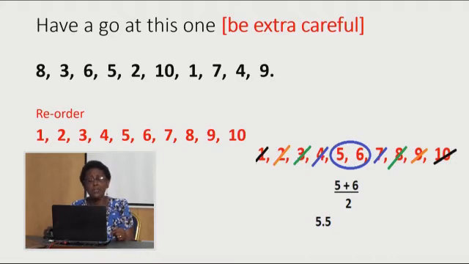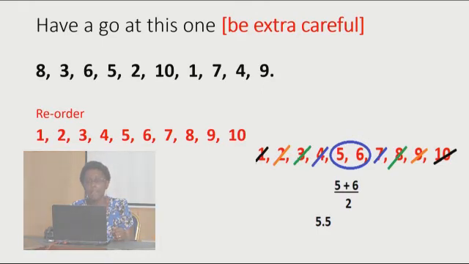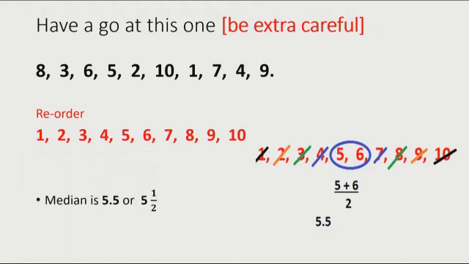It's best if you've got a calculator to speed up your work, but if you haven't, you could do the addition, get 11, and divide by 2 to get 5.5. So if you haven't got a calculator, grab one because you'll need it as we go along. So 5.5 is your median. Well done, excellent. Smiley face.